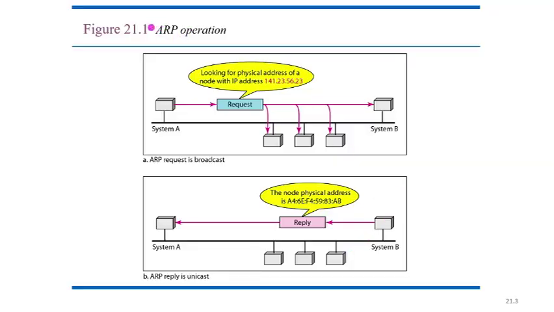Okay, so in the ARP protocol, there are two different operations. One is called ARP request, another one is called ARP reply. So this ARP request is like, suppose system A is there.